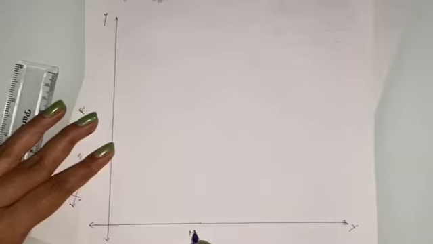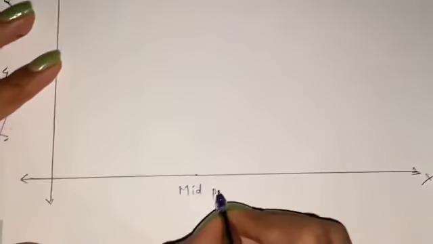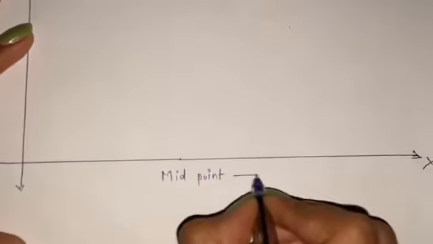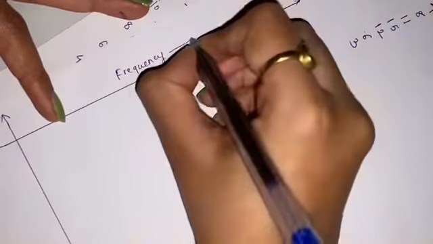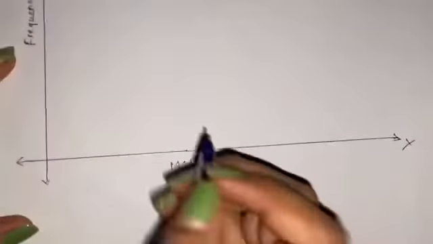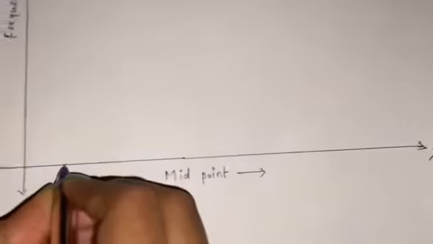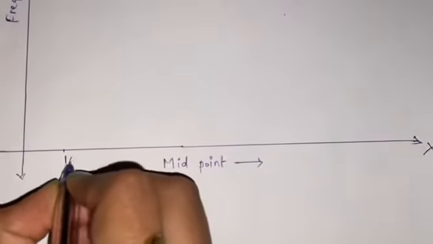So over here you have to take midpoint, and here frequency. So midpoint is starting from 105. So I will write 105.